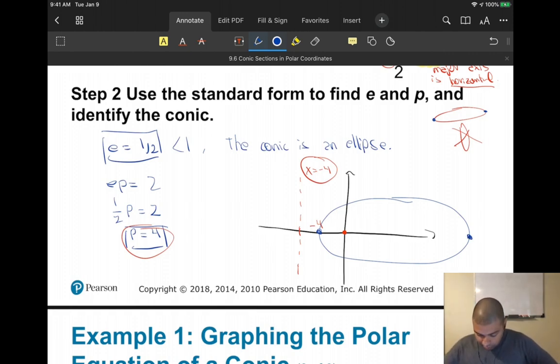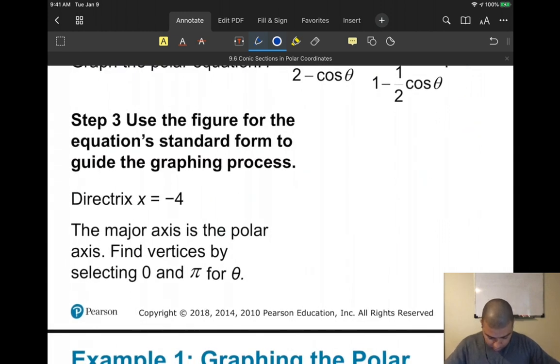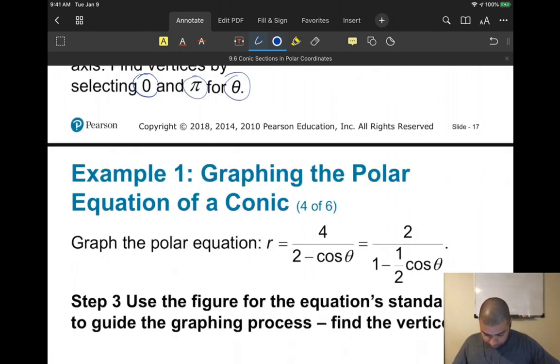And looking at this, the argument here is theta equals 0, in this direction. And the argument here, the angle, is theta equals pi. So these are the 2 points that I'll plug in first. So this is what they're telling me here, 0 and pi for theta. I'll do that, and I'll find the 2 values.